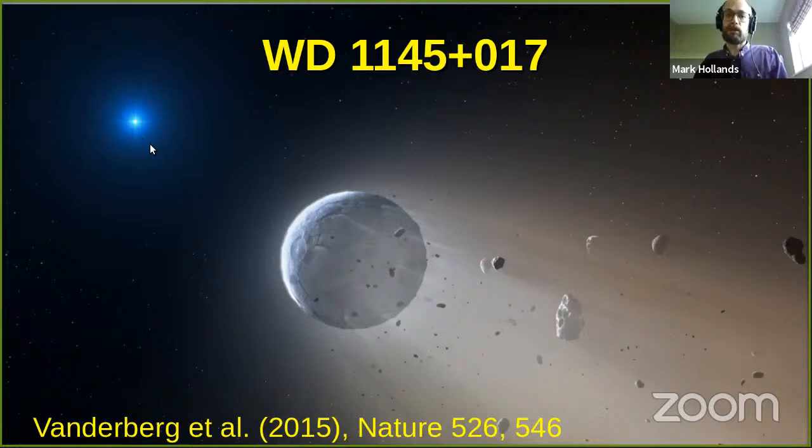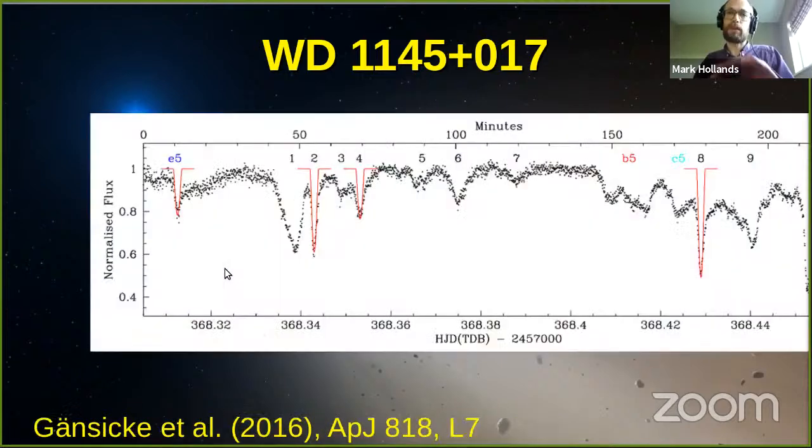But what it has extra is that Vanderburg looked at the Kepler data and got a nice light curve and saw that there are lots of transit features in the light curve. And so the light curve I show now is a little bit newer than that one, taken in 2016.